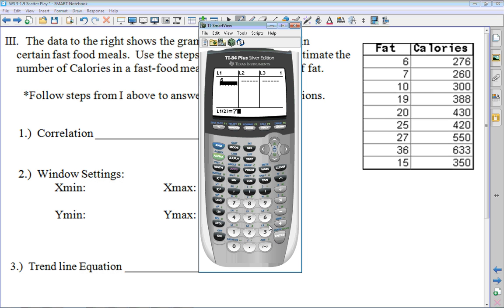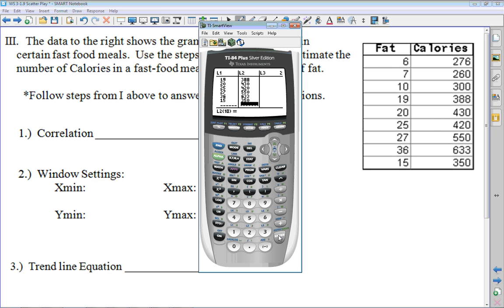6, 7, 10, 19, 20, 25, 27, 36, 15. Go to L2: 276, 260, 300, 388, 430, 420, 550, 633, 350.